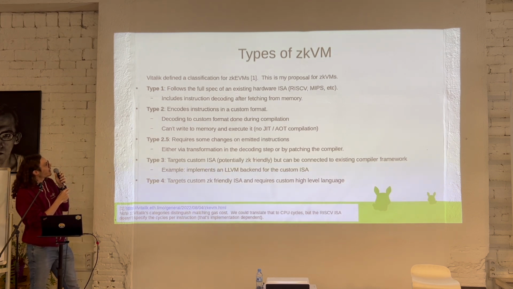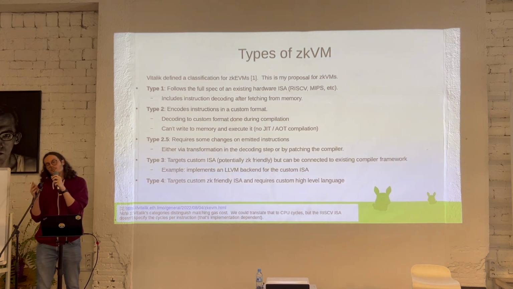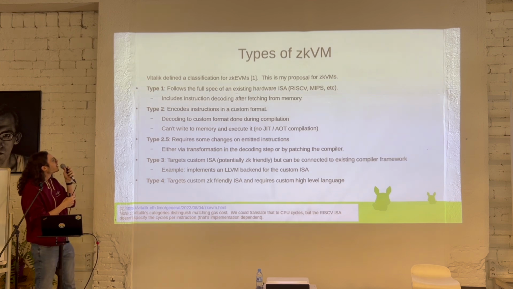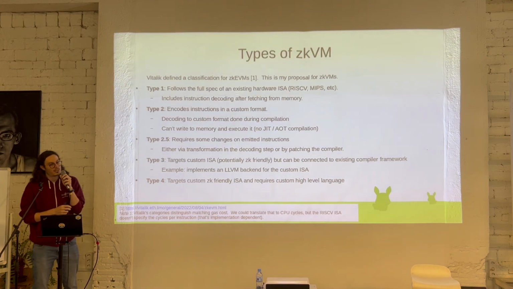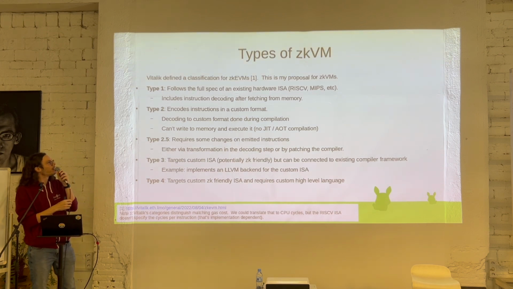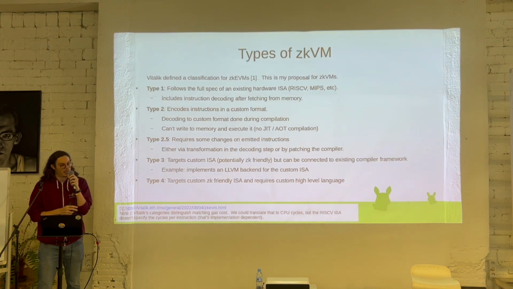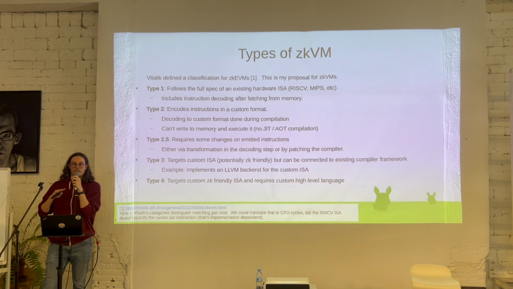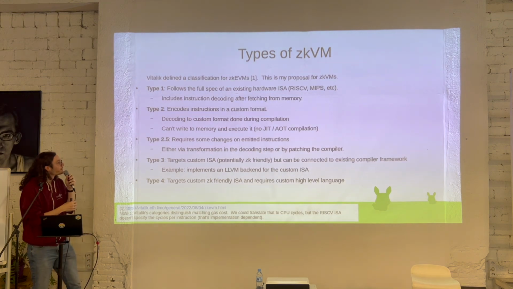In this case, there are some parts of the Vitalik categorization that map and others don't. So the first type would be a zkVM that follows the instruction set specification of a hardware CPU, follows it fully, and includes the decoding of the instruction in the circuit.